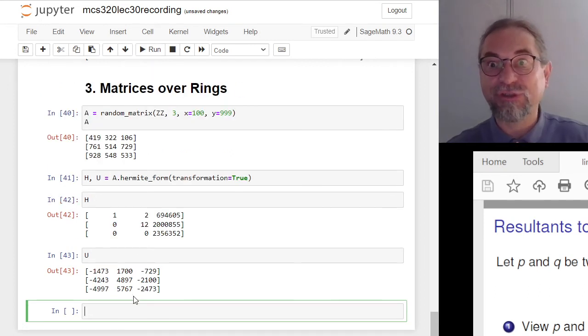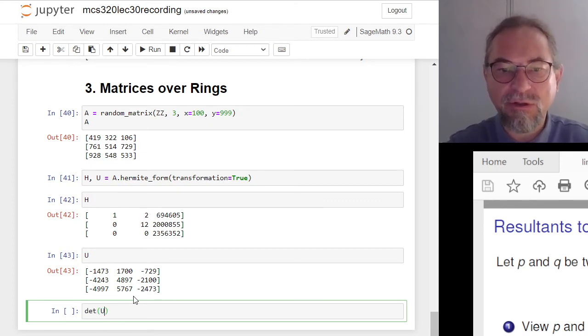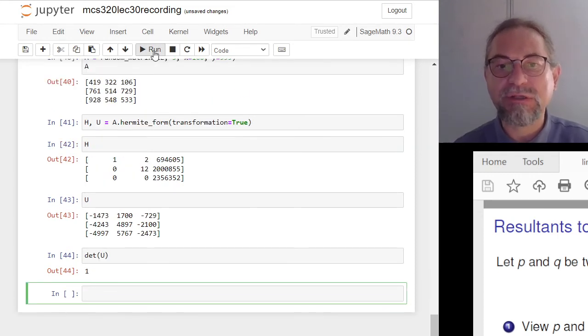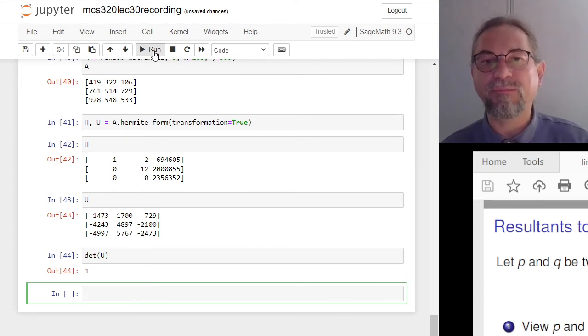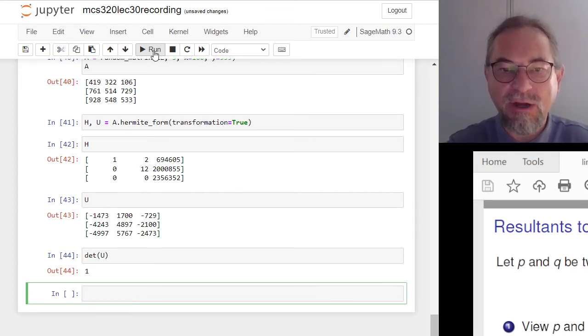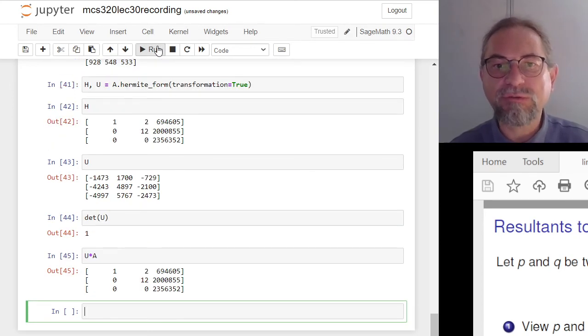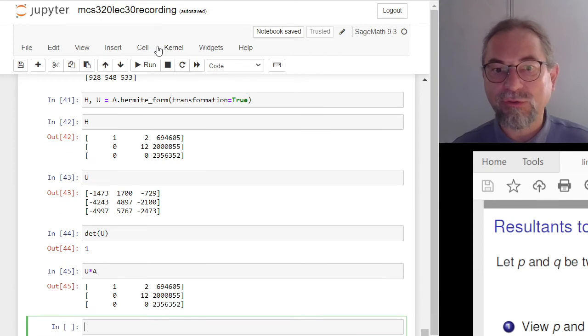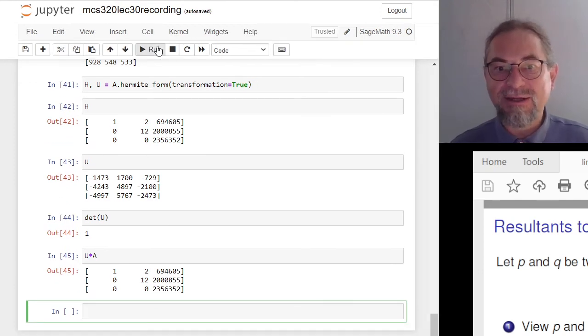Everything is integer here. Notice that we also have the expression swell. The matrix U is invertible, so the determinant is 1. This means that U times A equals H, and because it is invertible, I can also see A as the inverse of U times H.